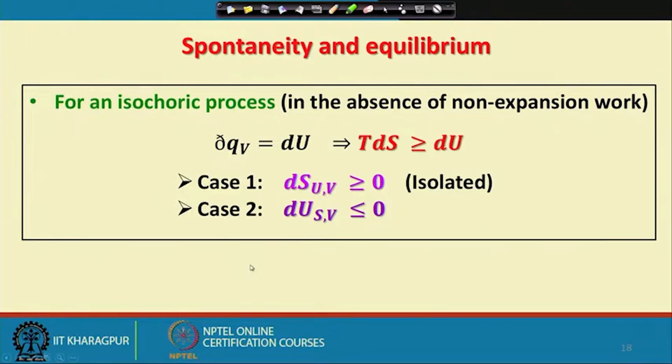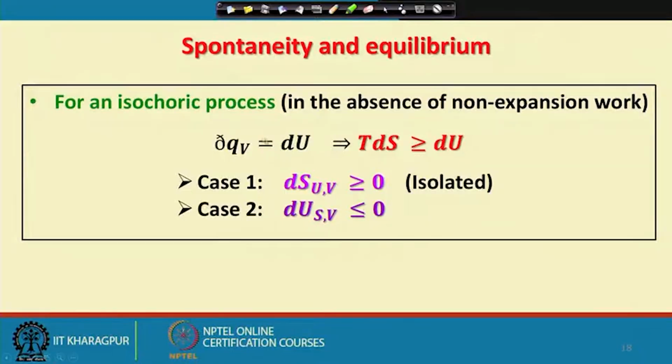So, here I am showing you just one example of how the condition of spontaneity and equilibrium may be predicted by combining the first and the second law of thermodynamics. Under an isochoric process, the volume is constant. So, there will be no pressure-volume work done, and therefore, dq_V would be equal to dU, and the consequence is that the combination of the first and the second law of thermodynamics tells us that TdS must be greater than or equal to dU.